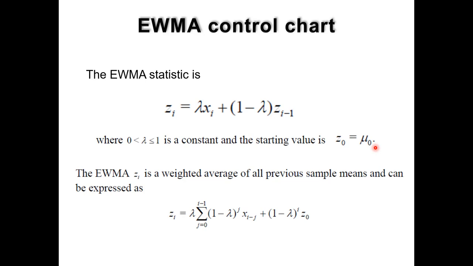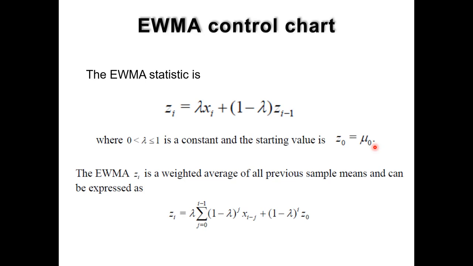We have discussed how EWMA and CUSUM can be used for the second phase, and we also have looked at how the Shewhart control chart is more suitable for phase 1. As you know, at phase 1, we will estimate the parameters, which are the mean and standard deviation.